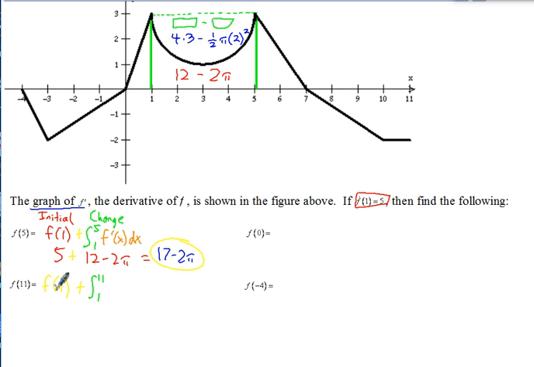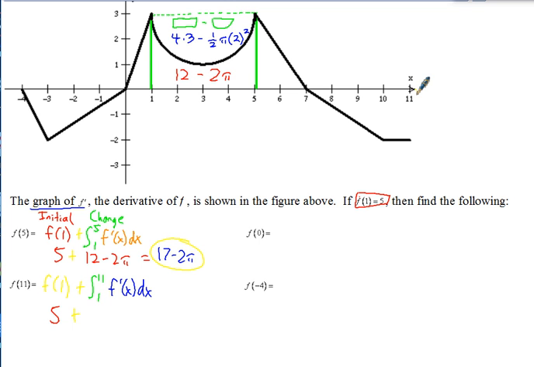In this case, the derivative of f is f prime of x. So again, f of 1 is 5.